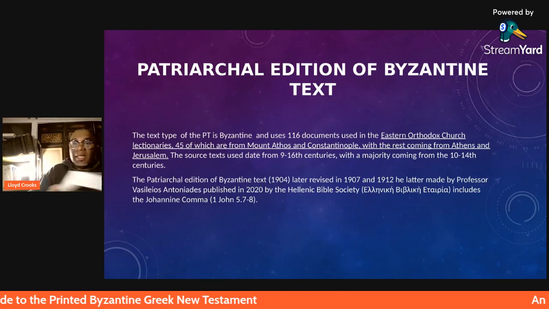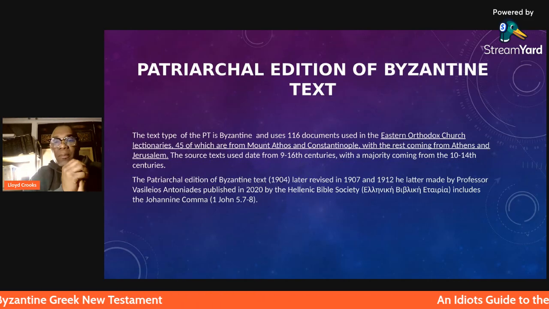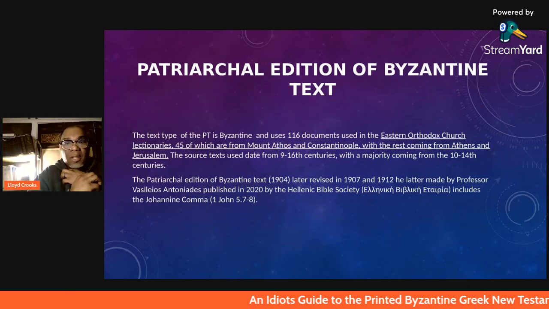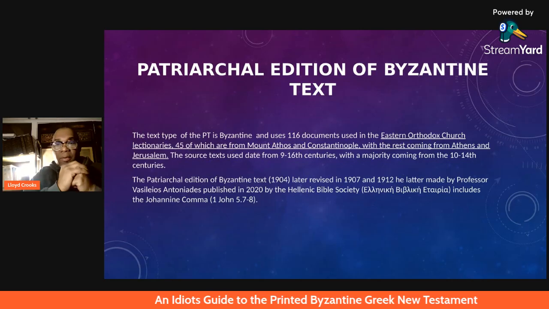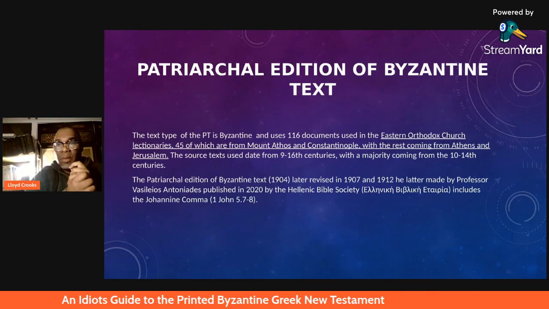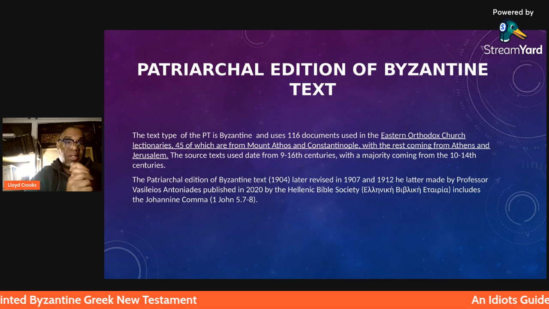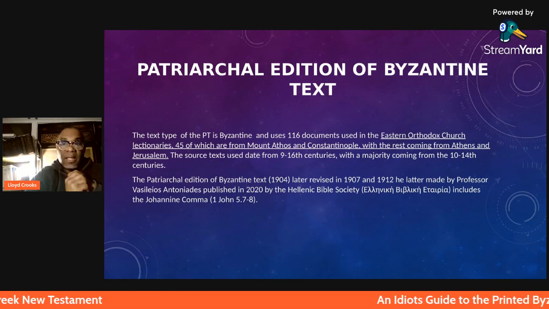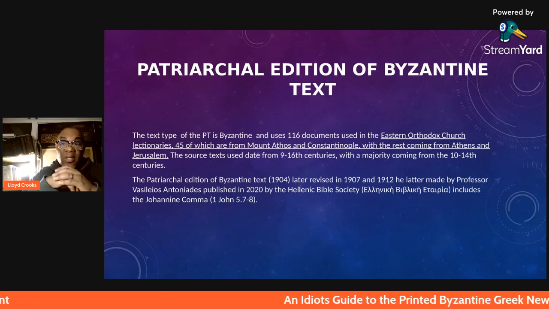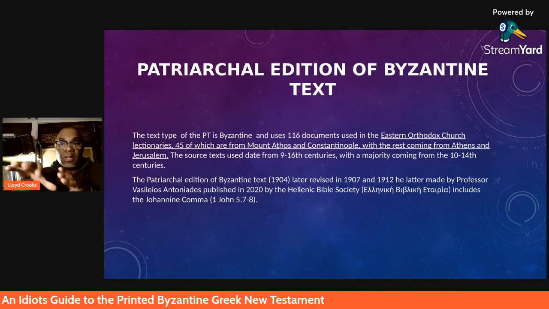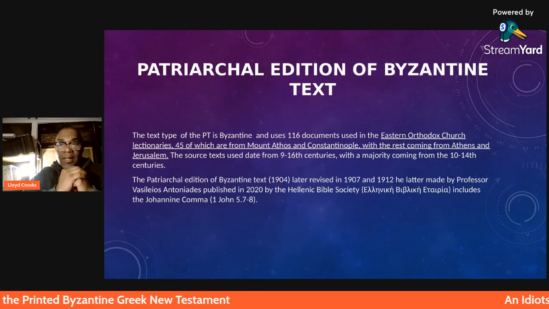So it's 116 documents of the Eastern Orthodox Church, 45 from Mount Athos and Constantinople, with the rest from Athens and Jerusalem. The source texts date from the 9th to 16th century, the majority from the 10th to 14th century. The patriarchal edition of the Byzantine text was first published in 1904, later revised in 1907 and then 1912, by Professor Vassilios Antoniades, and it was published in 2020 by the Hellenic Bible Society.